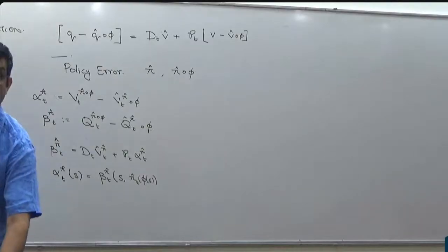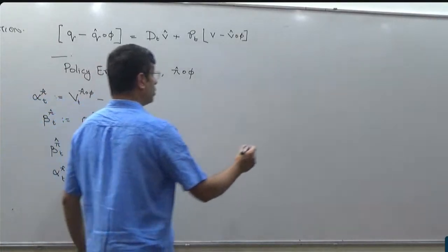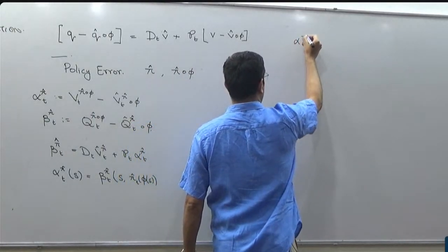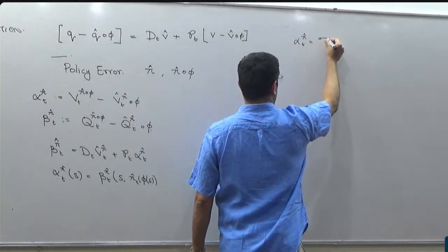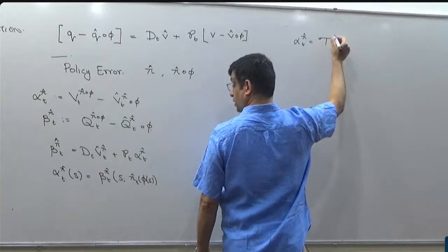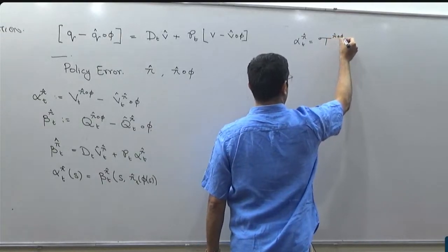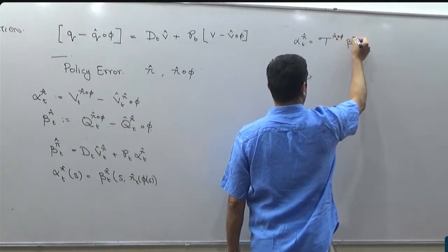So, this is what I get when I go from beta to alpha, and note that this other thing is equal to simply saying alpha pi hat t is the operator in the true model of the policy pi hat composed with phi at time t applied to beta pi hat t.